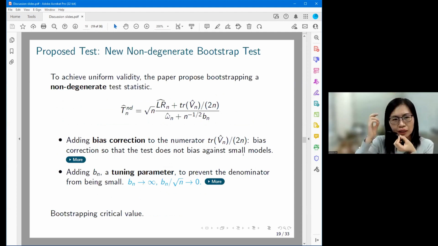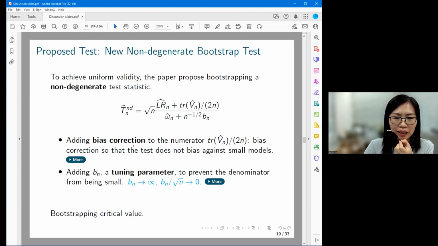So now let's get to the proposed test. Eric proposed to use this non-degenerate test statistic. It is a little different from the classical Vuong test. The Vuong test has LRn, the log likelihood ratio, on top, and omega hat at the bottom. Eric modifies this statistic by adding a bias correction term to the numerator.